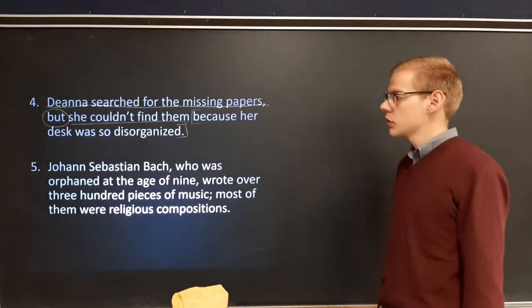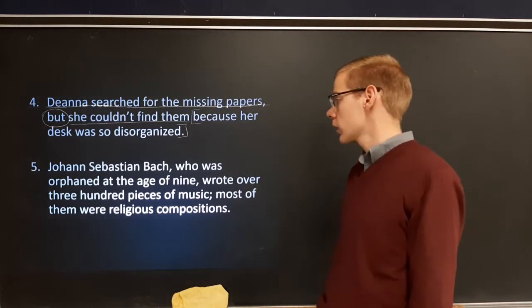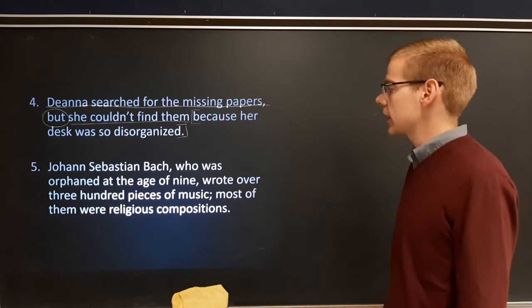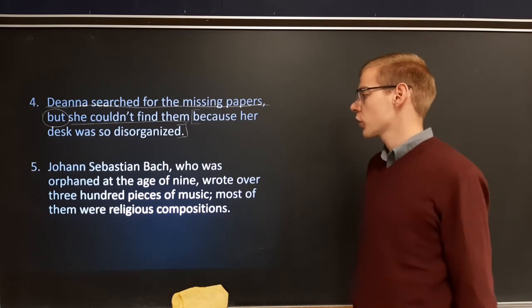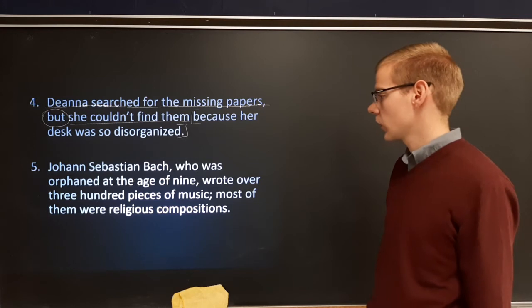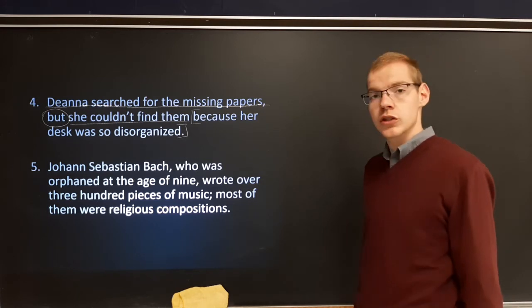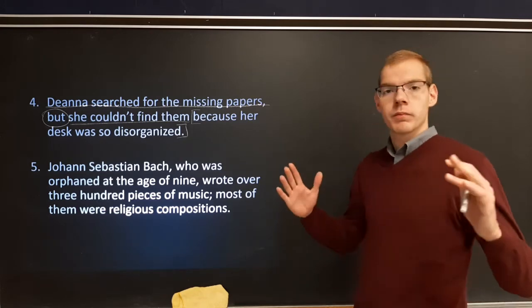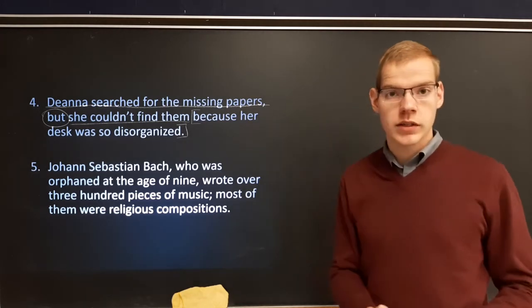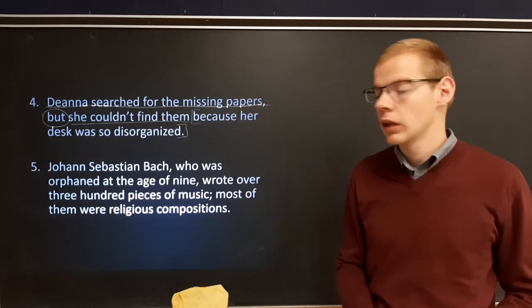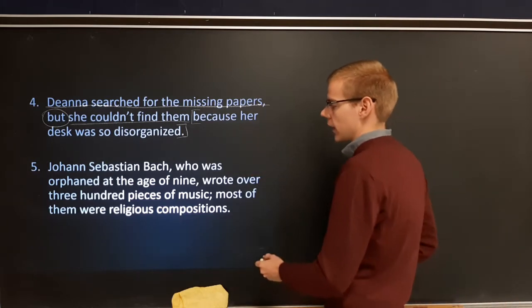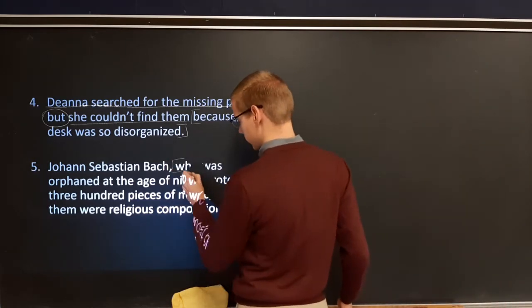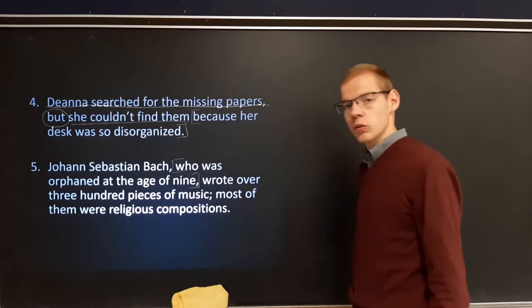Number 5, Johann Sebastian Bach, who was orphaned at the age of 9, wrote over 300 pieces of music; most of them were religious compositions. Now, where is our adjective clause, our dependent clause? "Who was orphaned at age 9." Correct. And where's our connector?